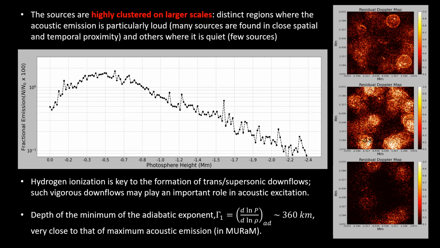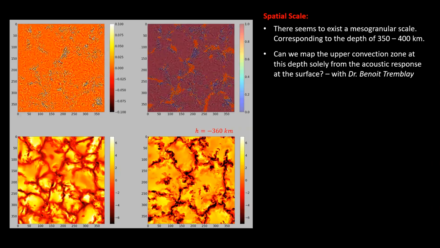And if you suddenly have everything dropping, then all the flows will come together and start to hit each other, and then you are supposed to see more acoustic sources, and that is exactly what we see, right? Okay, and then we have also seen that if we look at where these acoustic sources are happening on the surface, they follow a spatial structure that is 300 kilometers deep.